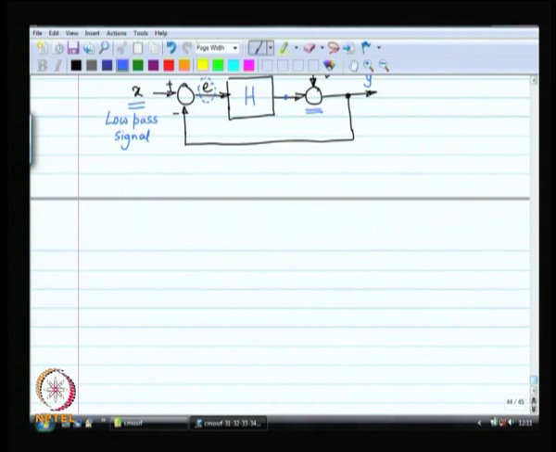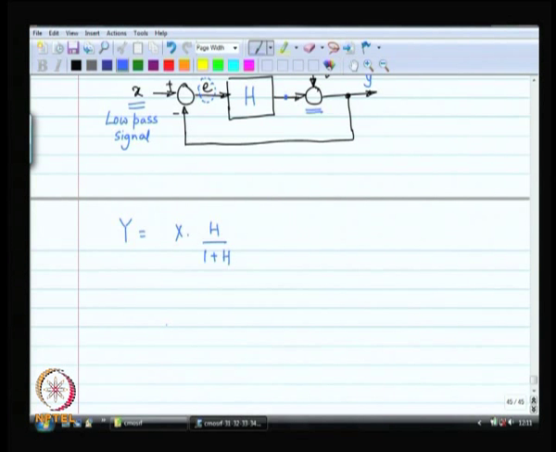In that case, the transform of the output, that is Y, will be equal to X times H by 1 plus H, forward gain divided by 1 minus the loop gain.